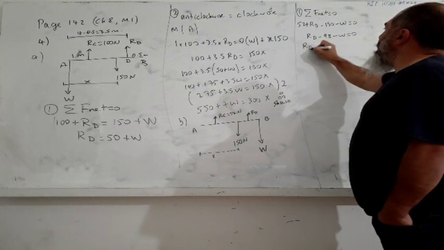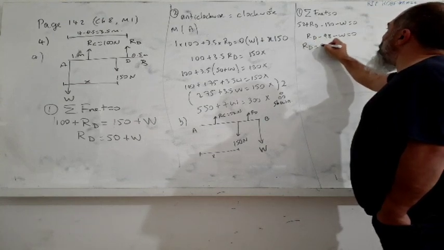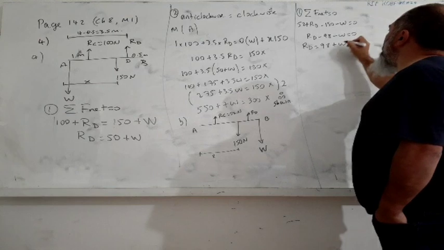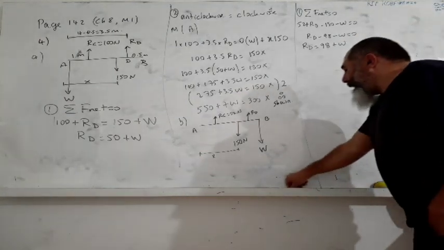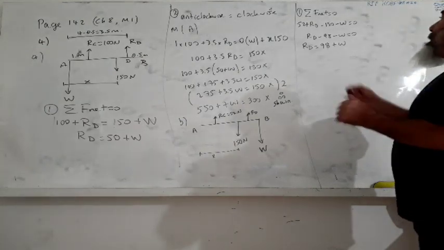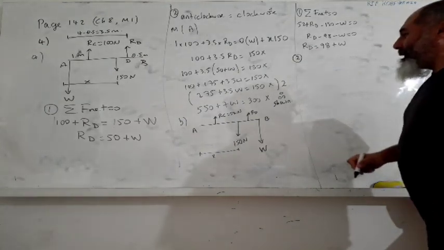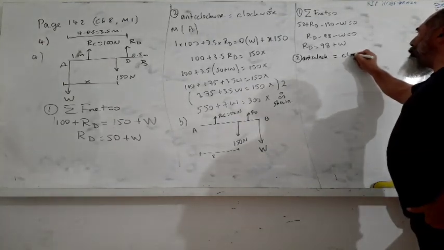And apply the second rule of moments. Anti-clockwise moments must be equal to clockwise ones. Moments about point A. What is the distance from A to C?